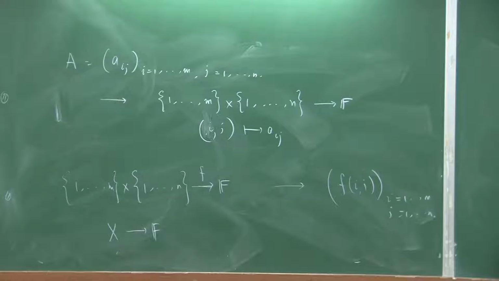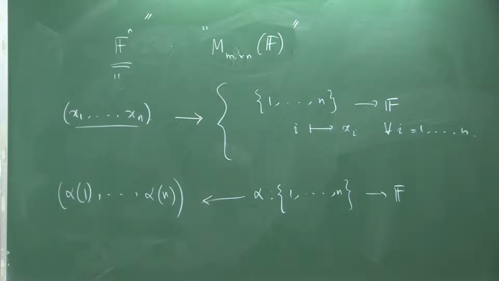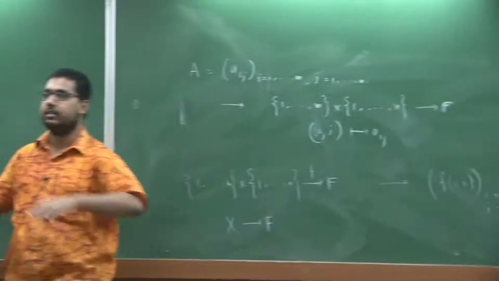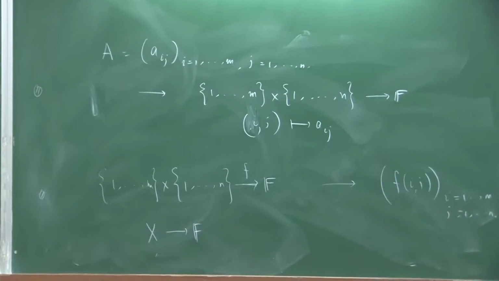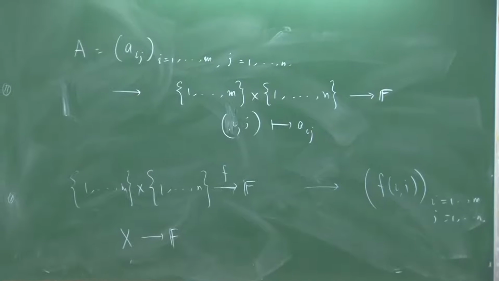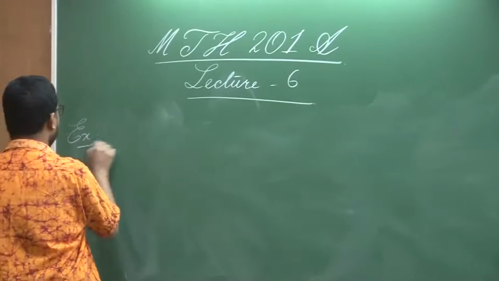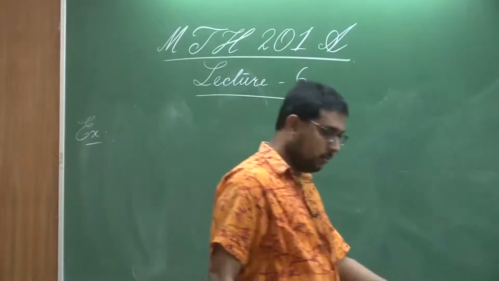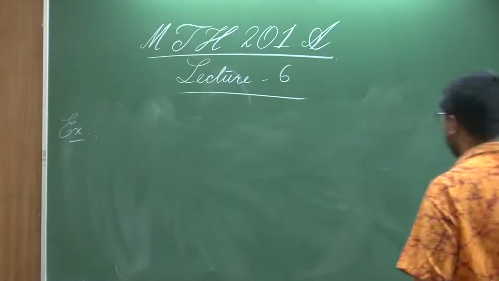One is just tuples, another is matrices, but something similar is going on for both of them. So, this motivates us to consider the following. This is an example.